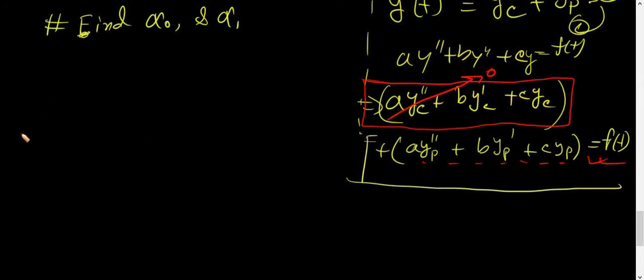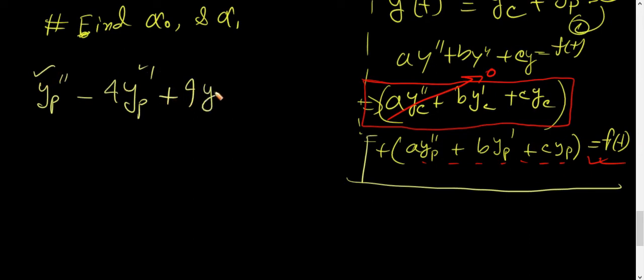So bear with me. The yp double prime, first you have to evaluate that, then you just have to differentiate with respect to time. So I'm not writing that directly because it will take a lot of time.